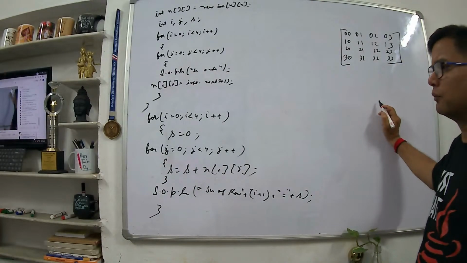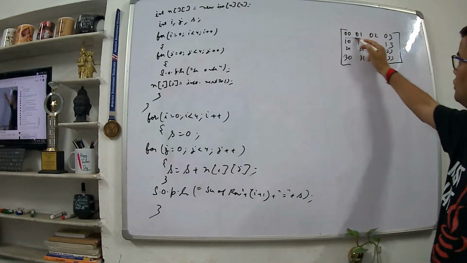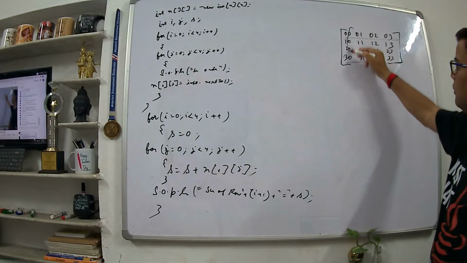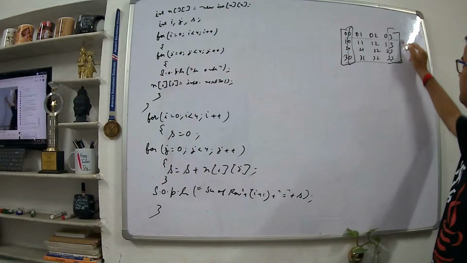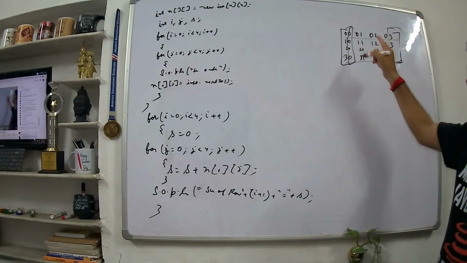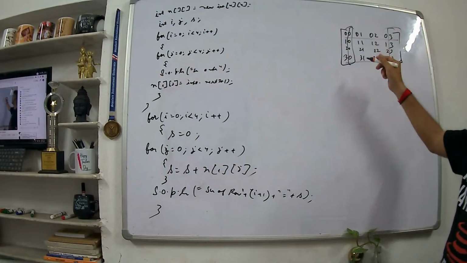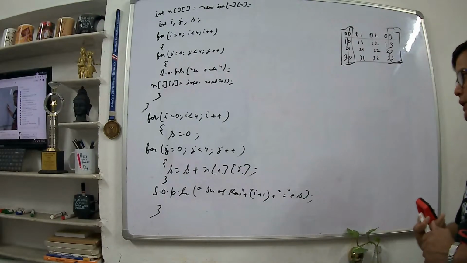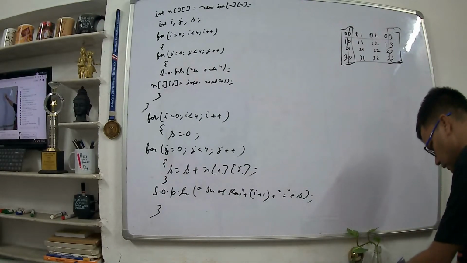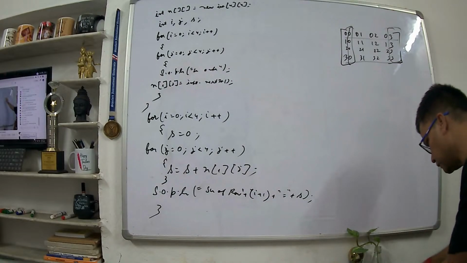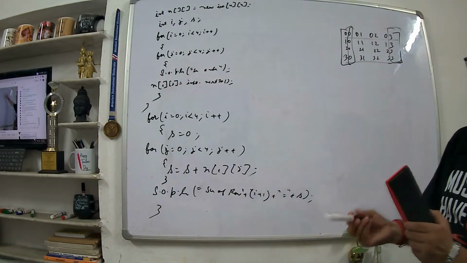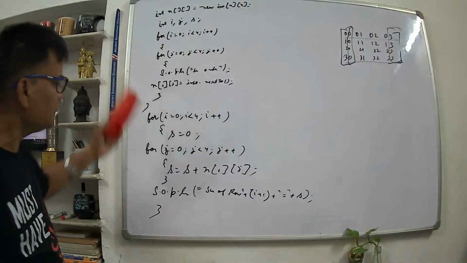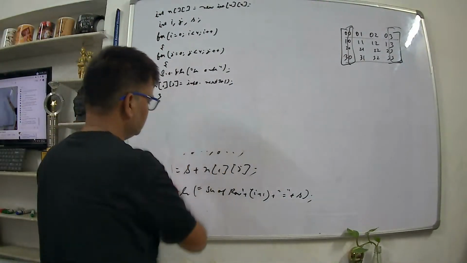Now if you talk about the boundary, so row 0, row 3, column 0, column 3. Row 0 or row 3 or column 0 or column 3, that will be there in case of a boundary element. So that is the identification of a boundary element, that the row or the column has to be 0 or 3. Okay? Input is fine.